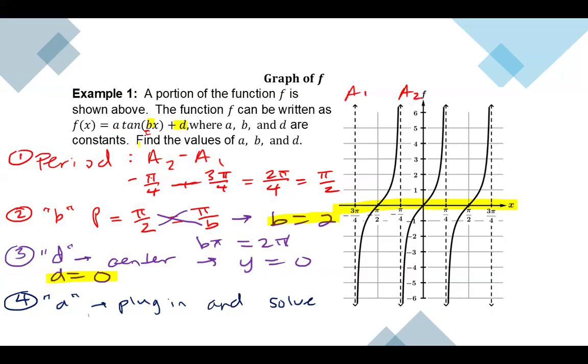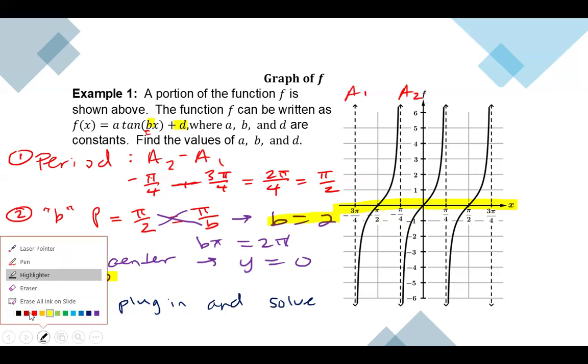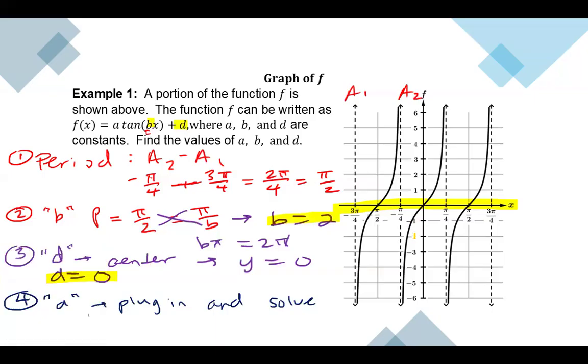Okay. In order to plug in, you have to choose some points on this graph. Doesn't matter what point you choose, but you're going to have to choose an X and a Y. I'm going to always look for one that is a solid point. So when Y is a solid value, you see a point on here where Y is pretty solid. I see it.